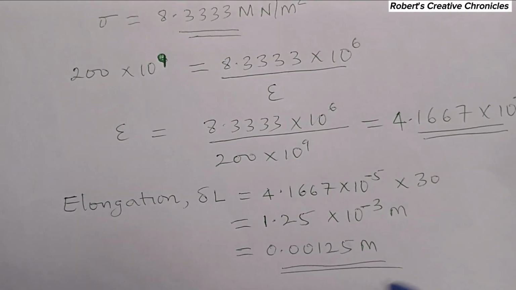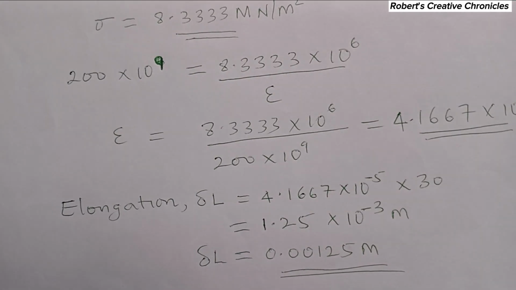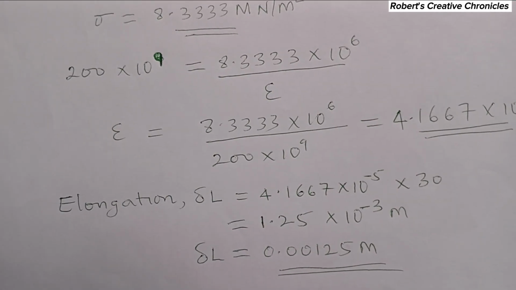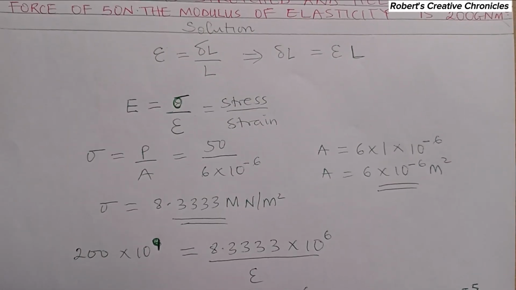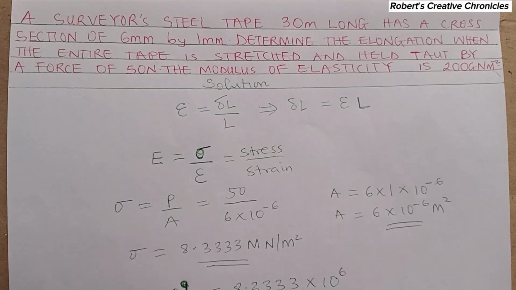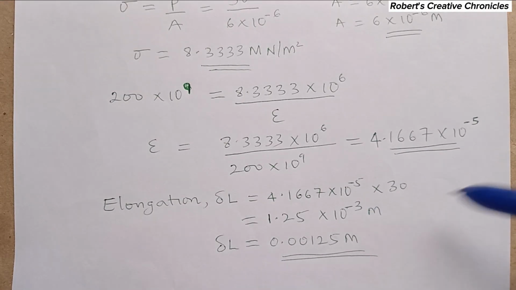So this is the final answer. This is the elongation. So we have solved the question. This is the solution of the question that was asked, and this is the final answer.